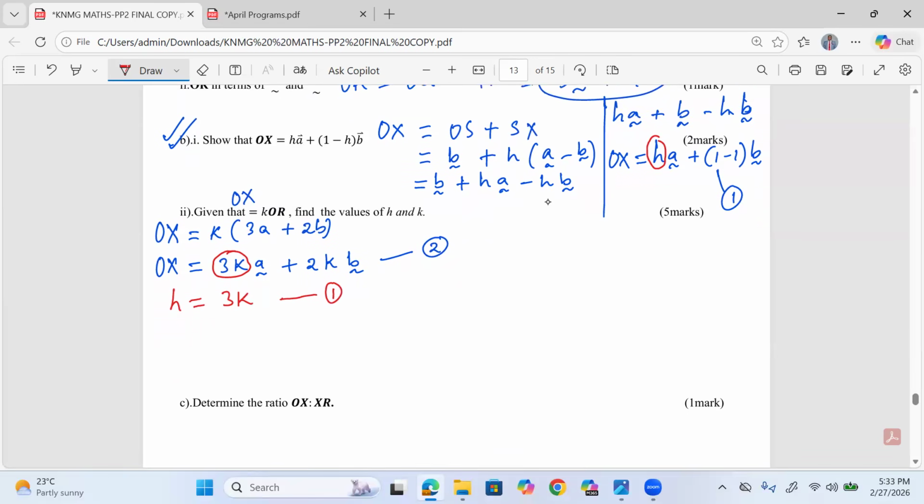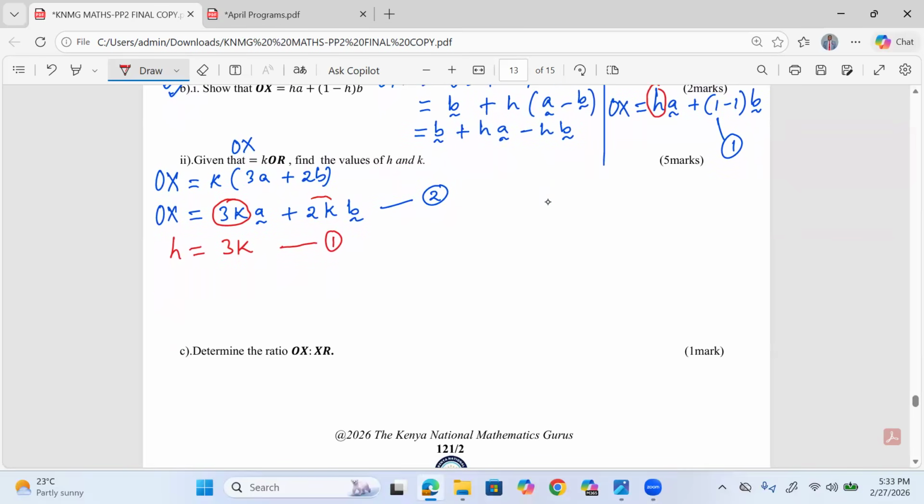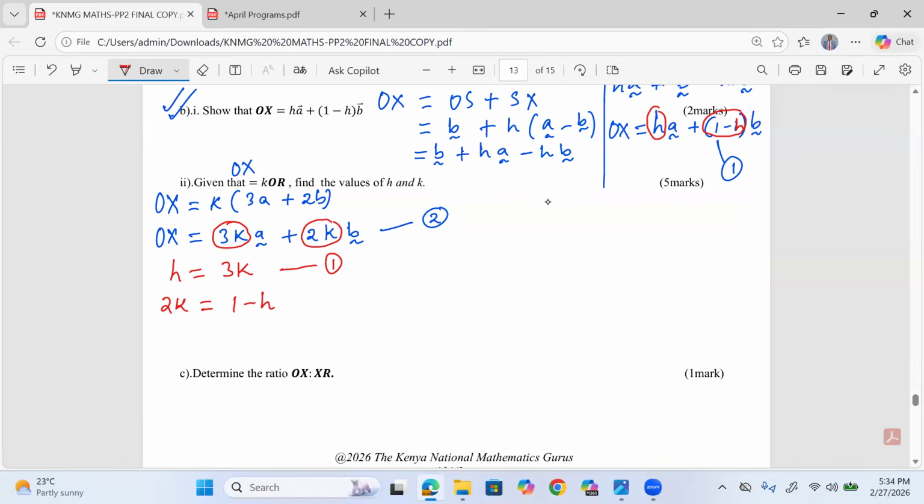Equation 2, we need to say the coefficients of B, which is 2K, equals the coefficient of B in the first one, 1 minus H. That's how we are supposed to equate them. So this becomes our second equation, and we solve the two simultaneously.